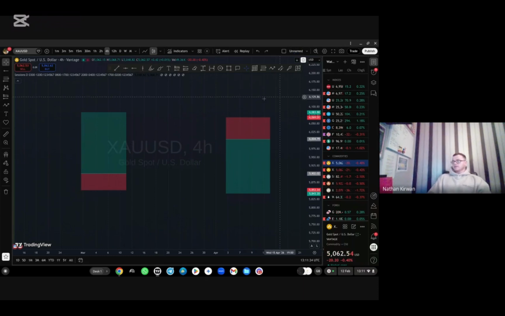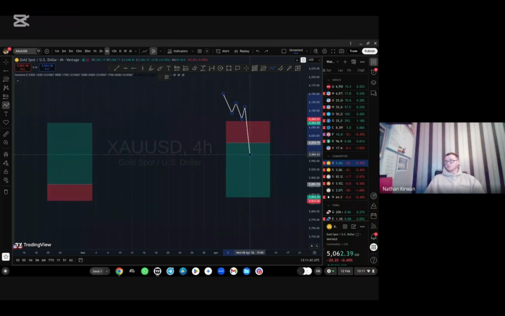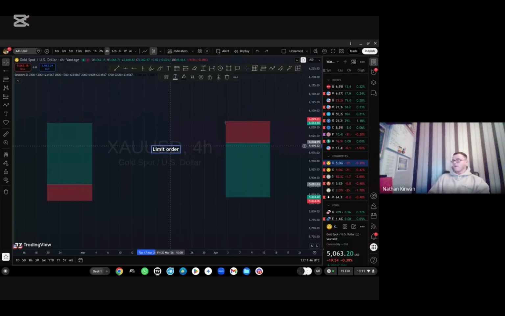And then same thing again with a sell stop limit. Price comes down, breaks past our zone. Actually, let's just say, for example, for sell stop limits, price comes down and massively breaks through here.